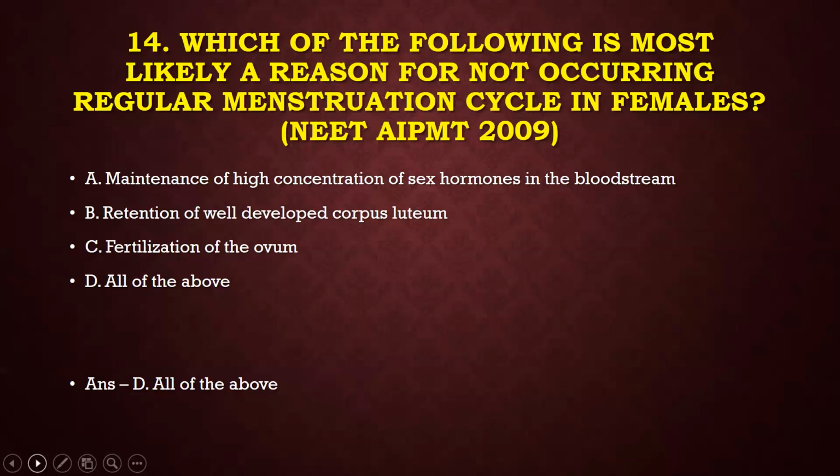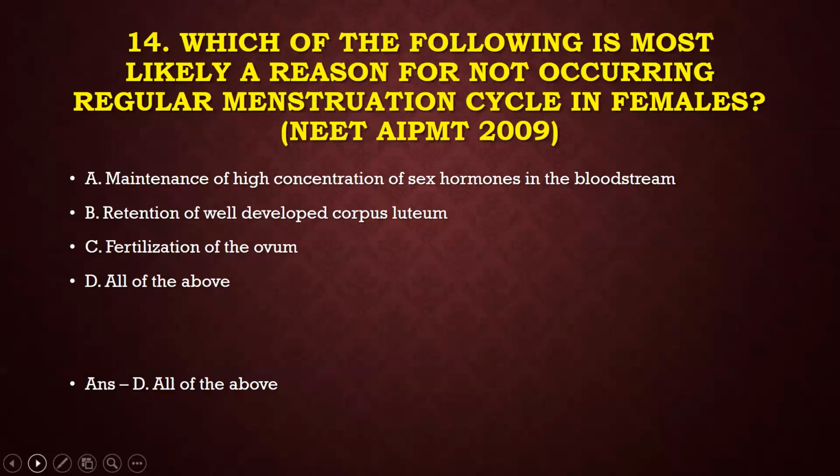So there are many people who complain about their not so regular menstrual cycle. Yes, they do not get a menstrual cycle for months together, and they miss their periods. So what is a major reason for missing their periods or missing their menstrual cycle?